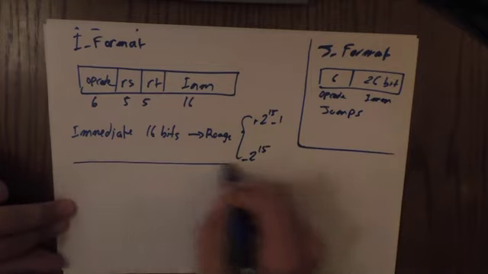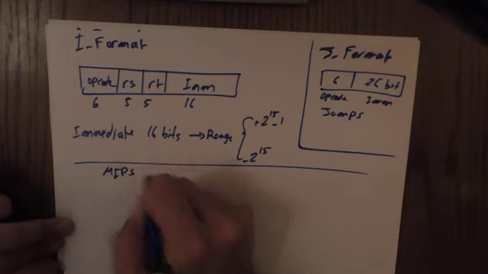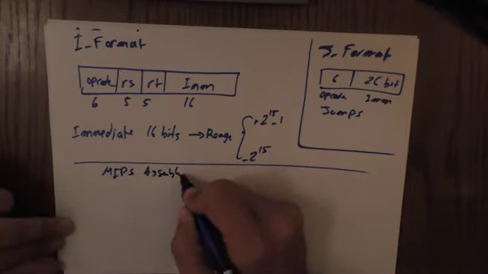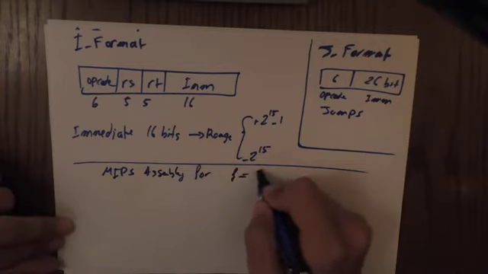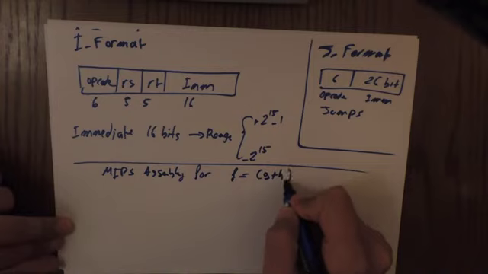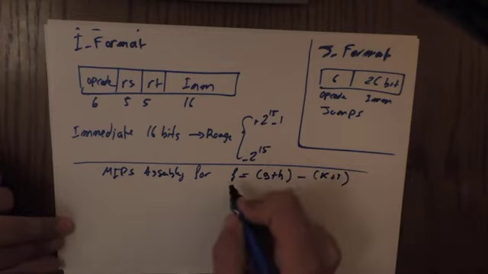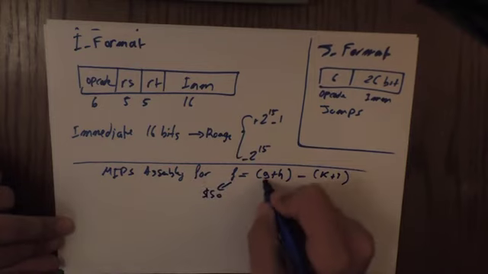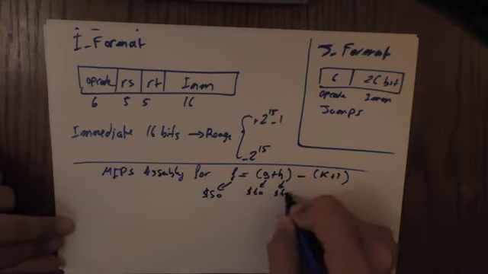To finish up with an example, let's say we want to write MIPS assembly code for F equals G plus H minus K plus I. Let's say F is important to me, so I'm going to place it in a0, and we can just place the others in random registers that we know about.